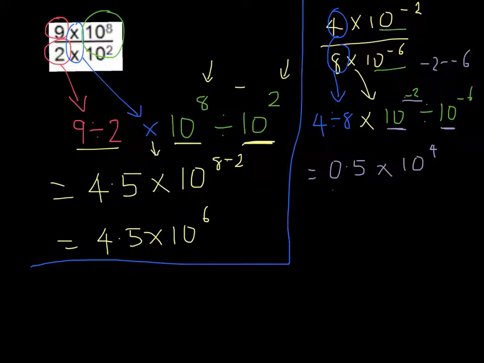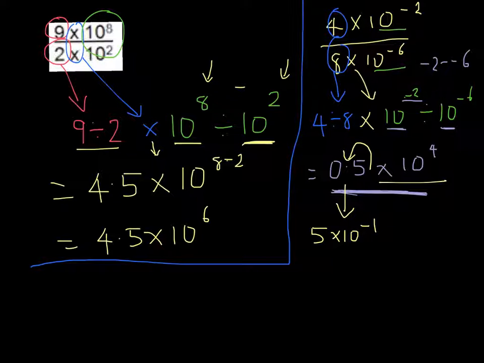Then you'll notice that this isn't in scientific notation. So what I like to think about is that 0.5 is the same as 5 times by 10 to the power of negative 1. It's a small number. We would have moved the decimal point 1 to the left or in the negative direction.